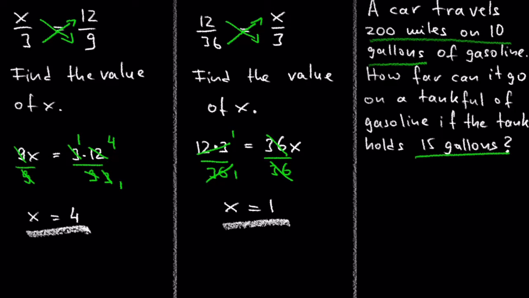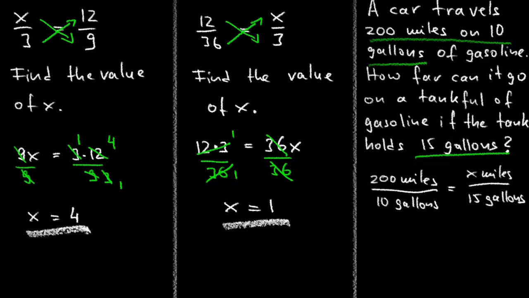This is a typical proportion problem, which can always be written either as 200 miles per 10 gallons equals x miles per 15 gallons, or as 200 to 10 equals x to 15.